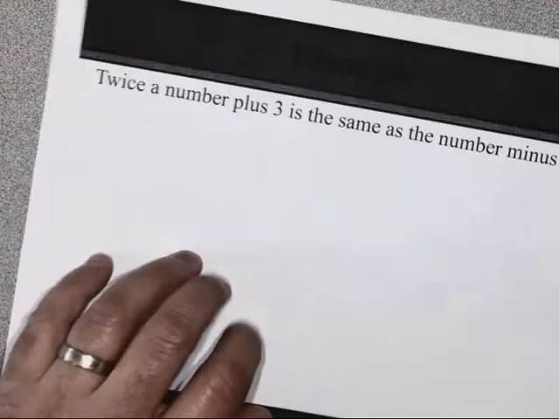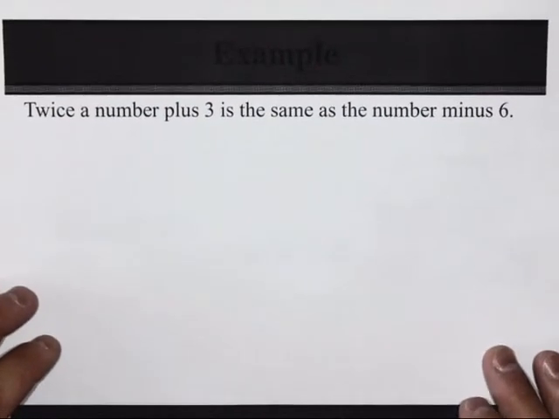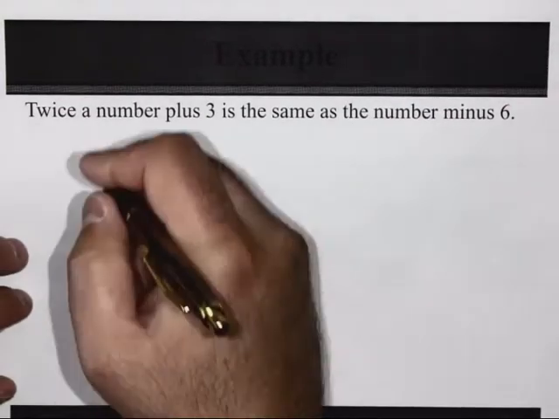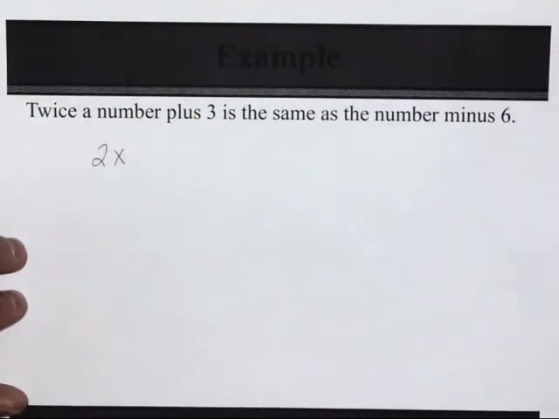So let's look at another equation similar. Twice a number plus 3. So twice a number, remember a number is x, twice means multiplied by 2.